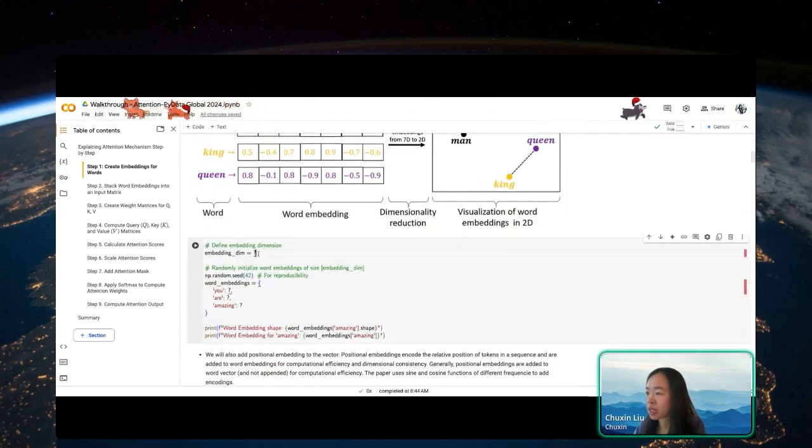So your task right now is to fill out the parts with the question mark, and print and hit run to see if you can print out the word embedding shape and an example word embedding for the word amazing. I'll give you 30 seconds or 1 minute.